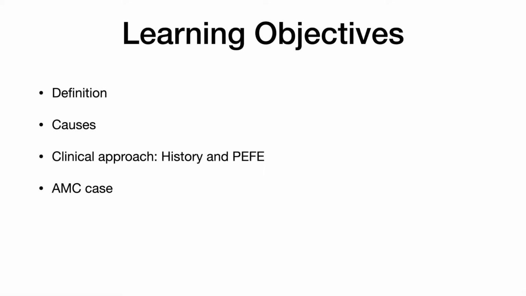It's just that all these theoretical things have already been tested during our AMC MCQ examination. So for clinicals, it's better to focus on history taking, the differential diagnosis, patient counseling, and going through the AMC cases, the types of questions that have been asked in the AMC, that would be more beneficial.